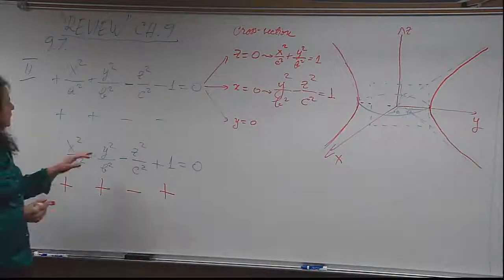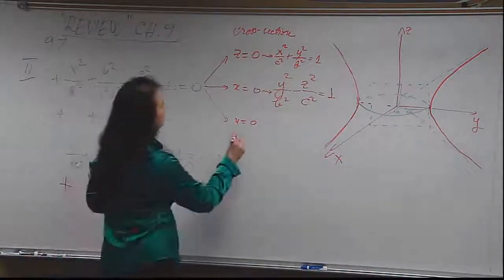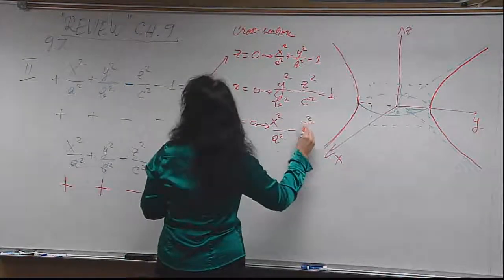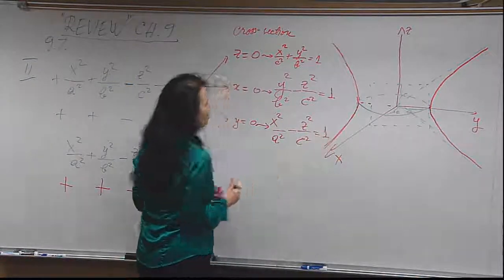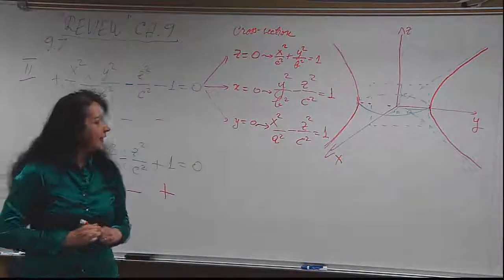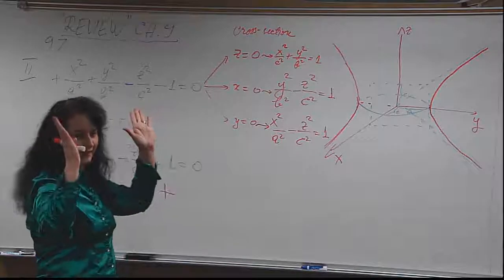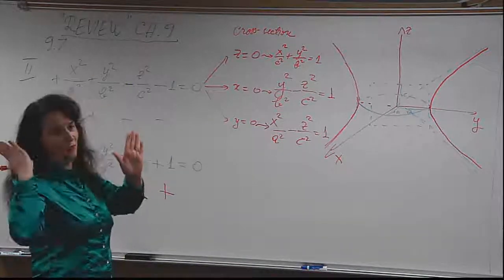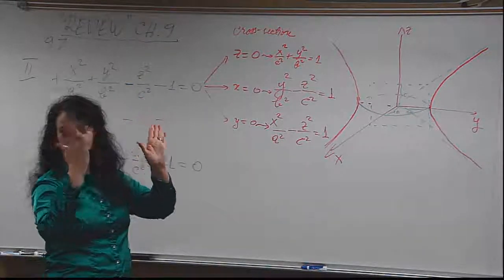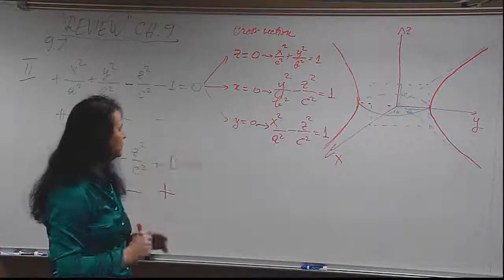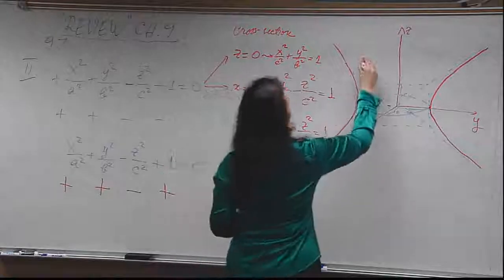And where does it intersect that wall? I'm going to have in the conic x squared over a squared minus z squared over c squared equals 1, which is yet another hyperbola that looks like that. Are you guys with me? On that wall. So I can project it to that wall, but I'm here, right? So this is the one that you would have over here.